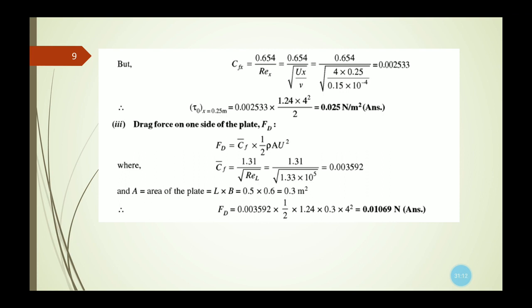So the area is 0.3 meters square. Putting all these values for the skin friction coefficient, area, air density and free stream velocity in the formula of the drag force, we are getting the total drag force as 0.01069 Newton.